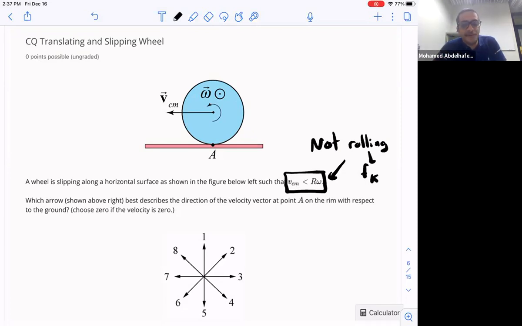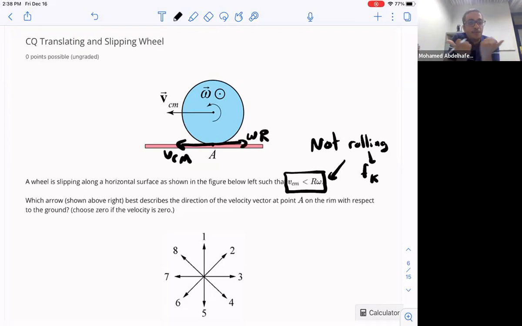So there will be kinetic friction against it. How do we know the direction of kinetic friction? Easy, it's just against the motion of the contact point, not the center of mass, not any other point, the contact point. The ground only sees the contact point at the bottom. So let's look at this contact point. This contact point is moving with VCM because the whole thing is translating with VCM. That's one kind of motion the contact point is doing. The other one is coming from the spinning. Spinning counterclockwise like this means at the ground here, the tangential speed from spinning is to the right, omega r, the other way.